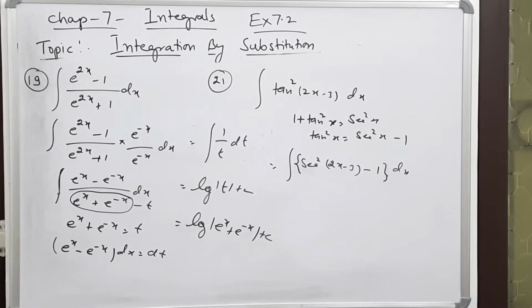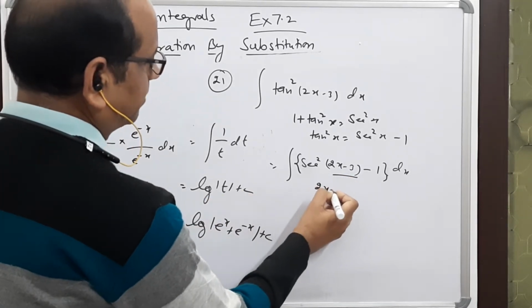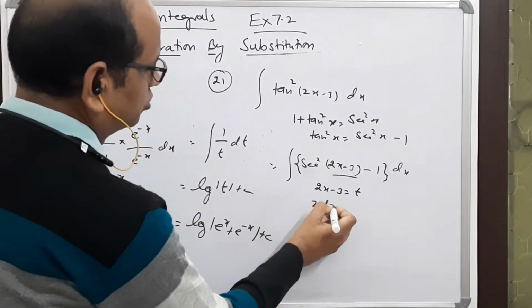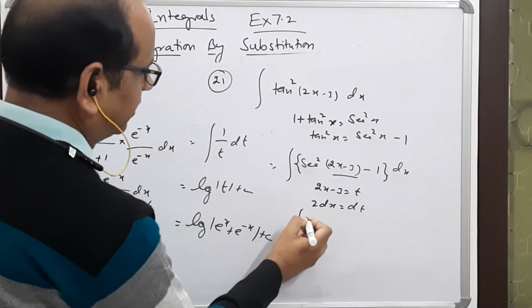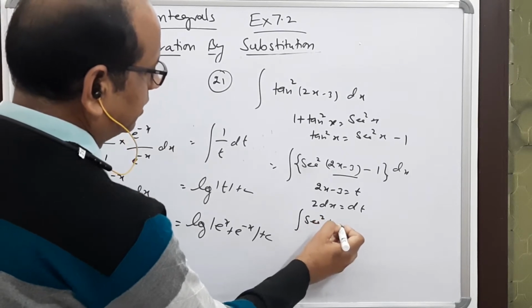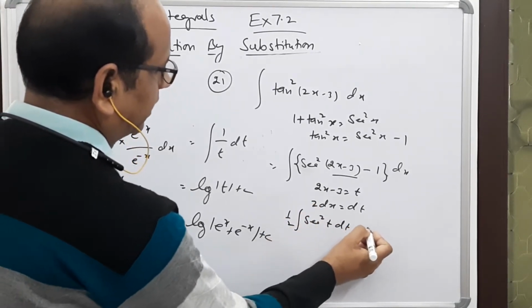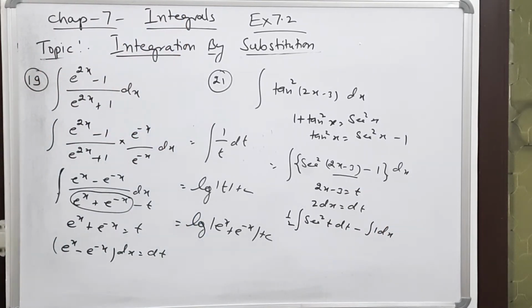And now in this part, 2x minus 3 we can take t. So it is 2 dx equals to dt. Then the first part will be sec square t dt, and because of this it will be half, minus integration of 1 dx. That part we are keeping as it is.